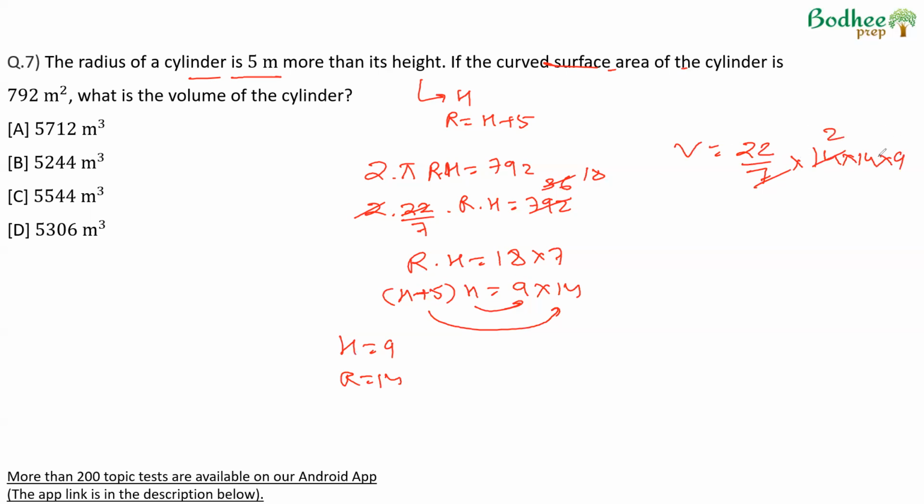So 22 by 7 into 14 into 14 into 9. 9 4s are 36, so it ends with 4. Two options end with 4.